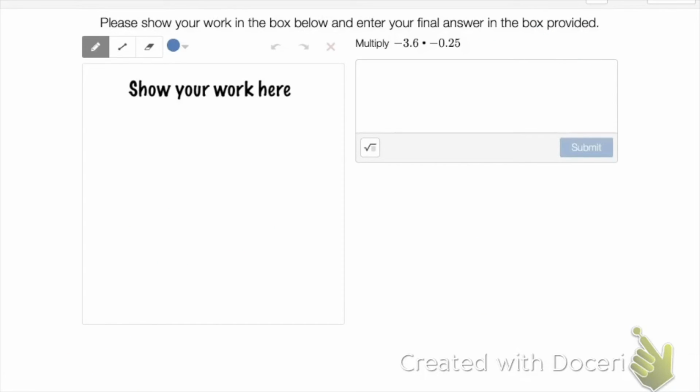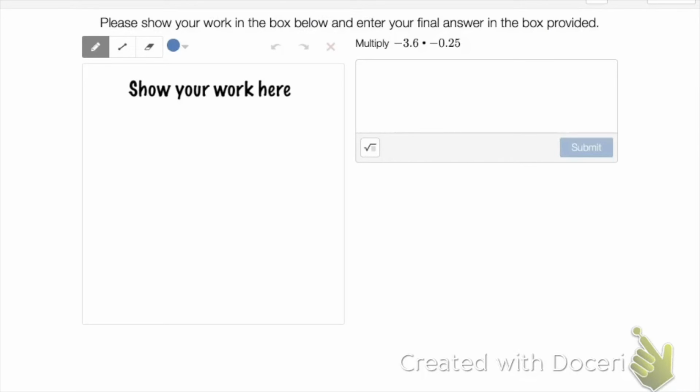Okay, next problem. Negative 3.6 multiplied by negative 0.25. So let's do it. I will put the number that has more digits on top and the number that has fewer digits on the bottom.